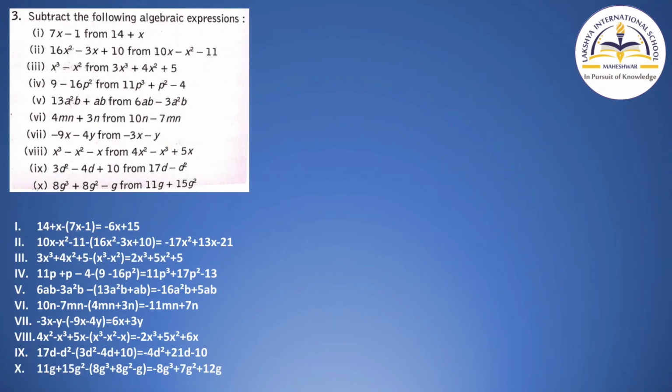Question number 3. Subtract the following algebraic expression. First, 7x minus 1 from 14 plus x, so first we will write 14 plus x minus 7x minus 1. Now you have to multiply the minus sign into this expression, so what will you get?